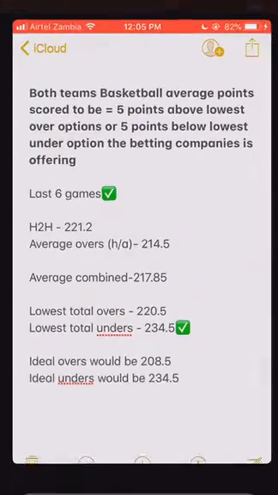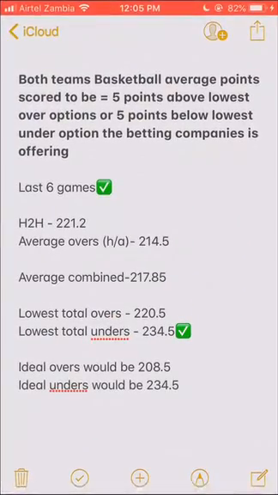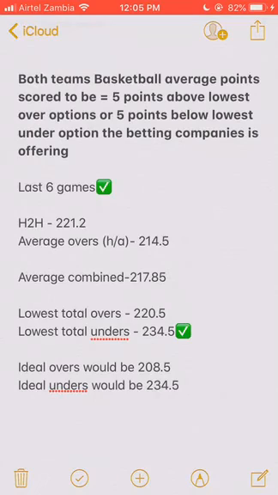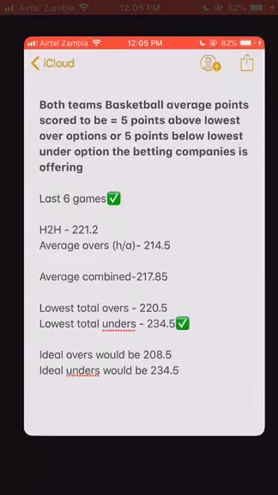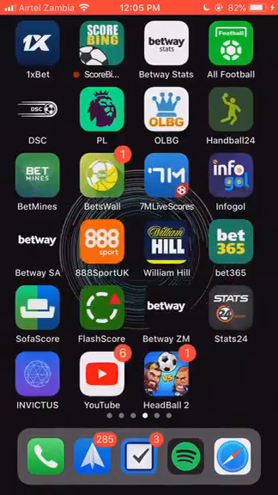The average head-to-head was 221.2. I added all the total points for both teams in their last 6 games and then divided by 6. Then for the overs, I didn't divide, I just added, because this app has already done the averages for me.